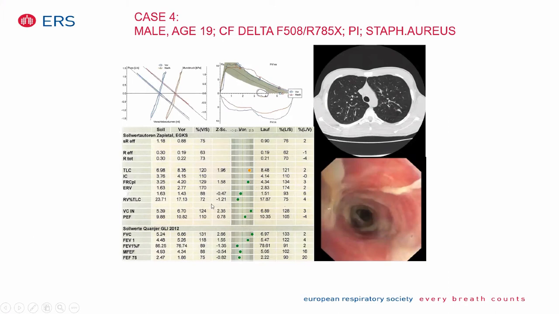And because he wanted to know what was going on, whether there was anything but Staph aureus to explain this change in lung clearance index and the bronchiectasis on the CT, he underwent bronchoscopy and really had this very typical CF appearance of lots of purulent secretions.